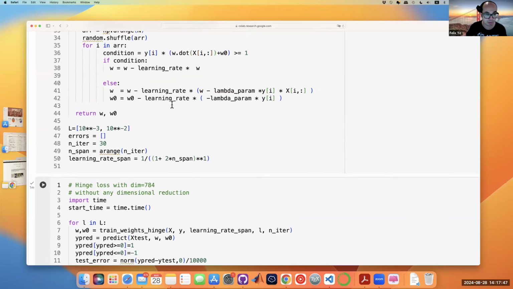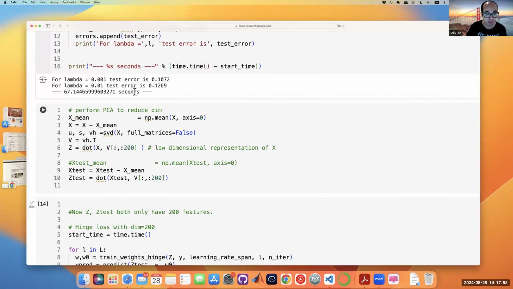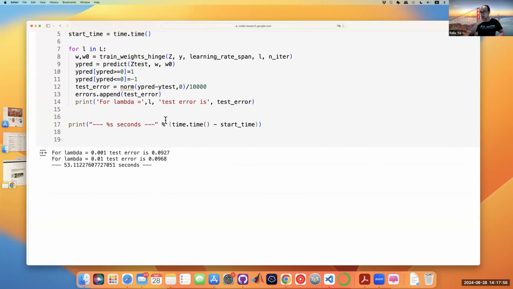All right, so this is just a simple illustration. This is not necessarily true, and it's not necessarily going to work for all the data. For some data, you might see that after PCA the performance is even better, and the whole thing is even faster. But there are also some situations where you will see the performance getting worse, because when you compress the dimension into lower dimensions, somehow you throw out some information that could be important for the classifications.